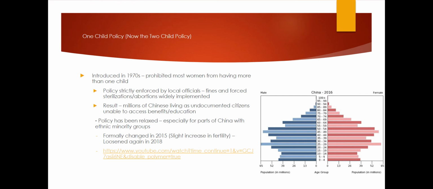So it's important to know that in 2015, this policy was officially changed. It went from the one-child policy to the two-child policy, and it was loosened again in 2018. So at this point, it's a fairly loose policy, and actually China is having the opposite problem, where they want the fertility rate to go up in the country.